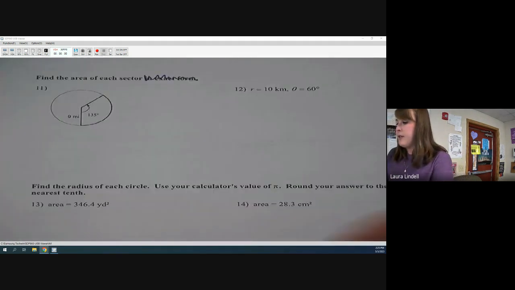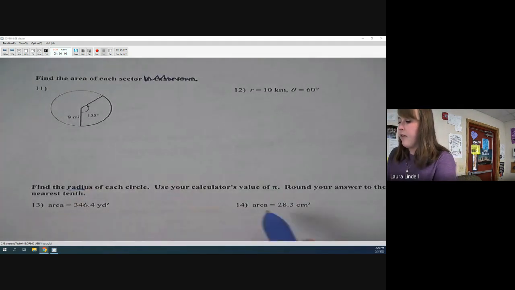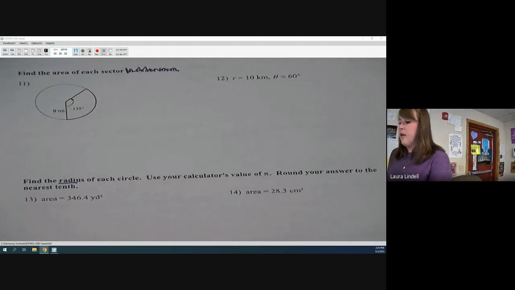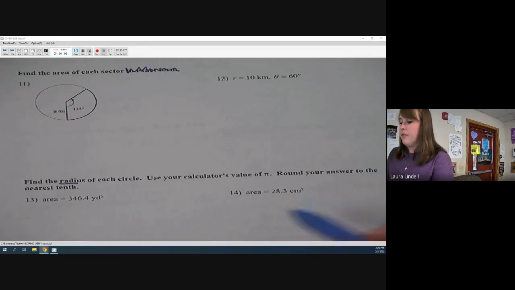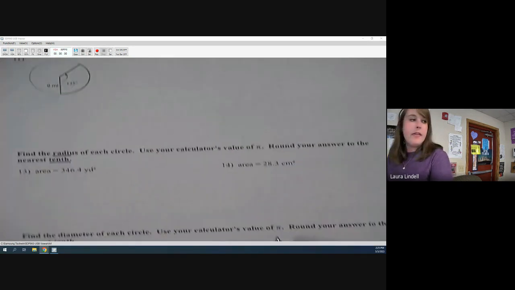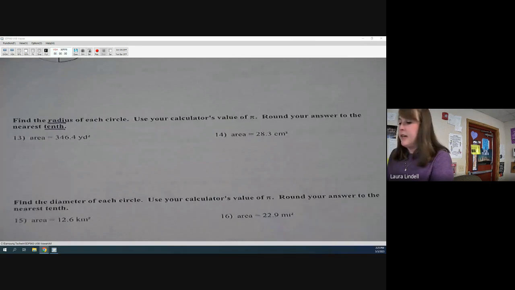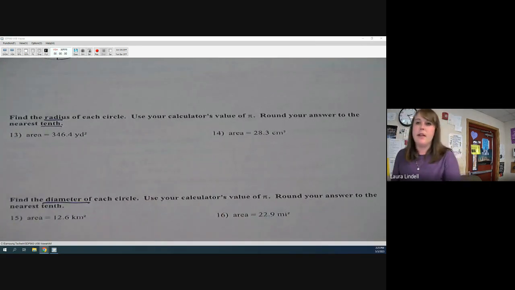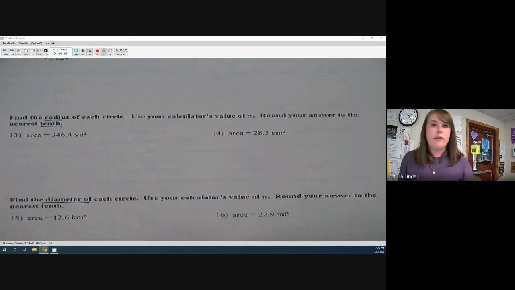Then 13 and 14, find the radius given the area. So this is just like the last example that we did, or the last couple of examples. Round your answers to the nearest tenth. And then the same thing on 15 and 16, except you're finding the diameter this time. So that was just like the one that we did last. You have the area, find the diameter.